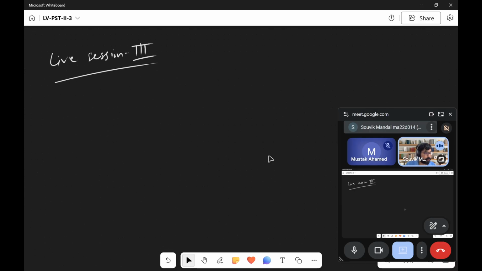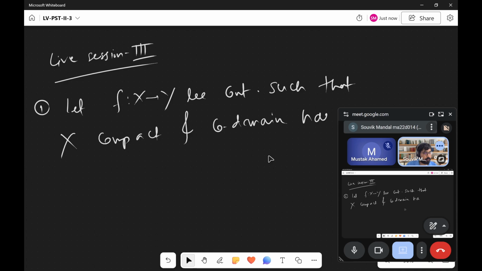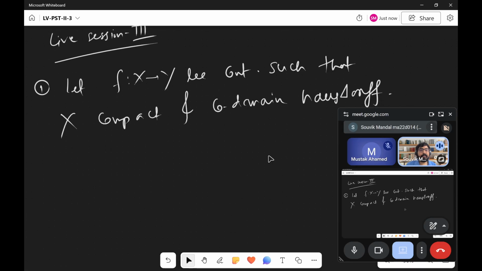Let f from X to Y be continuous, such that the domain is compact and the codomain is Hausdorff.